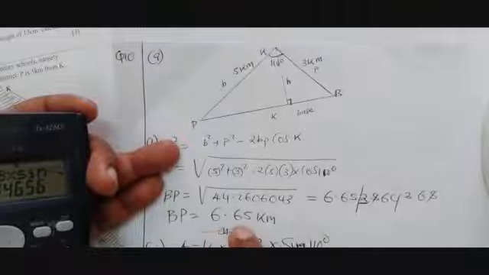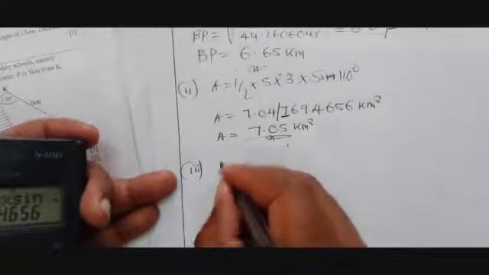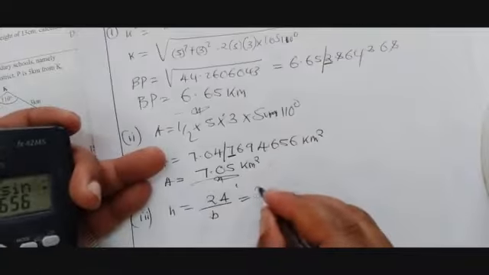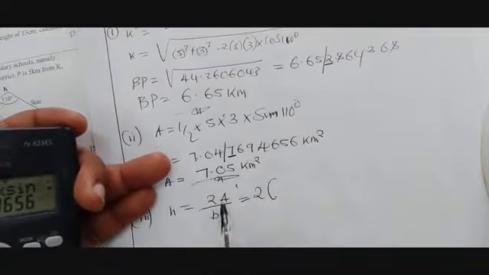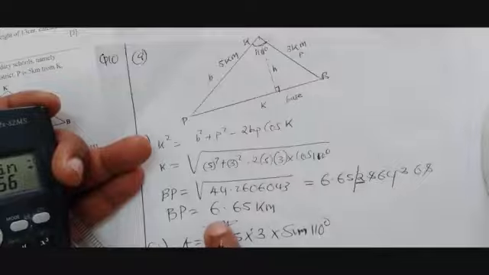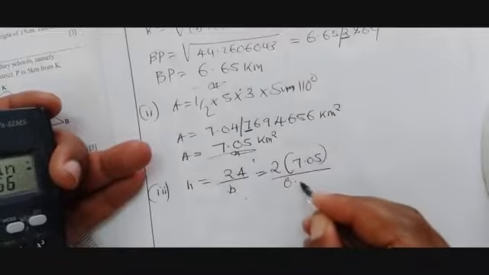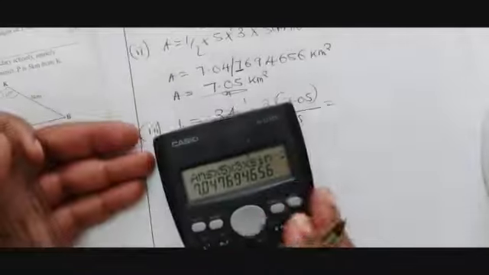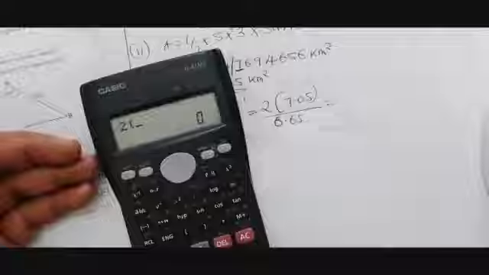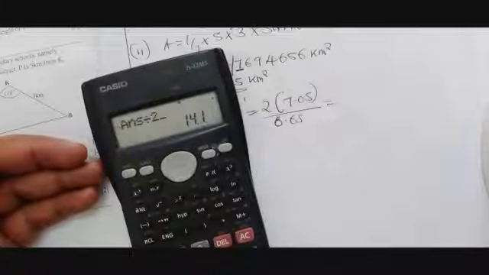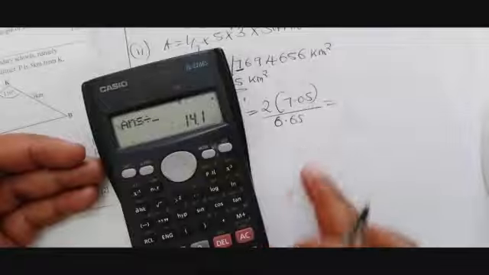And we know BP is 6.65. So to get h, you say 2a over b. 2 open bracket, what is my area? A is area, 7.05. Divided by, what is my base? My base is this one, and we got that to be 6.65. Then here, you make use of a calculator. You say 2 open bracket 7.05 divided by 6.65.